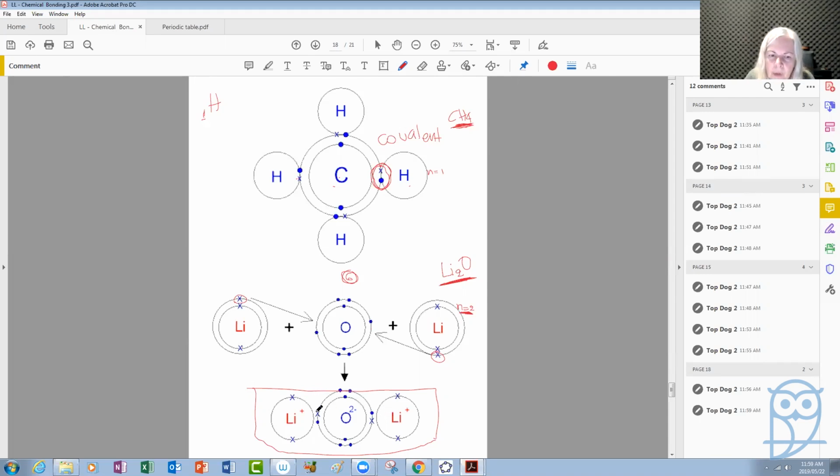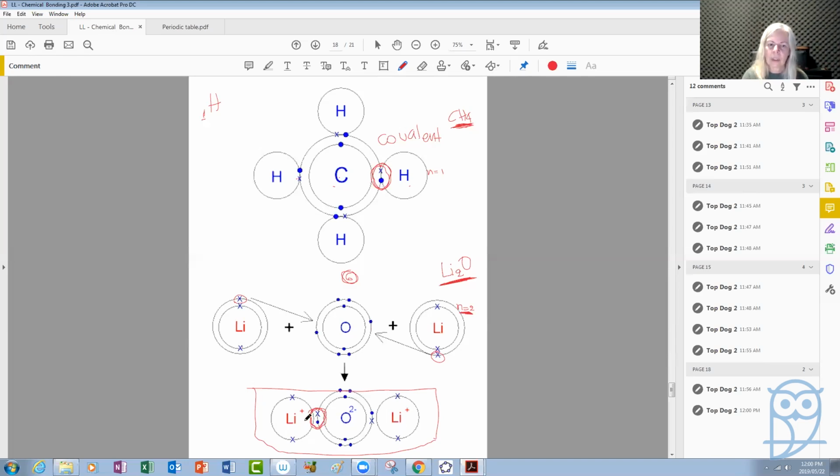So although this bond seems to be very similar to the case of the hydrogen and carbon, this is not the same because these electrons are being attracted by oxygen, both of them. And the lithium has remained as a positive ion, not a complete atom with a complete energy level.